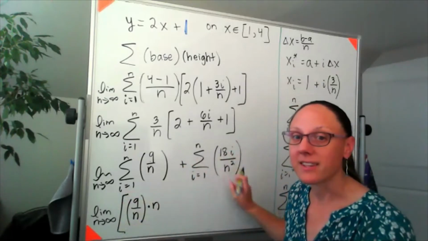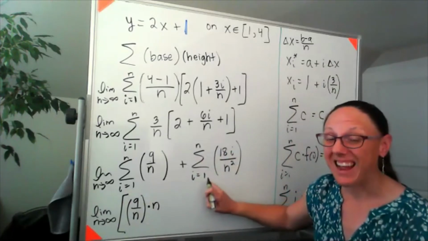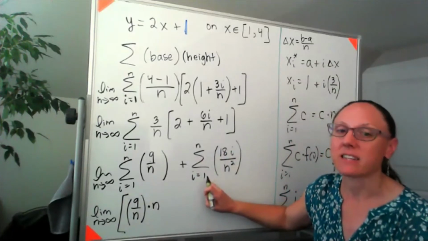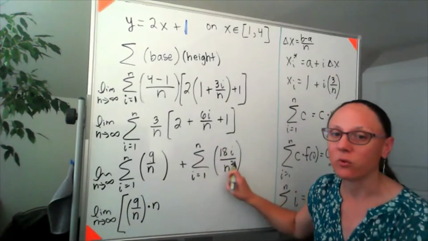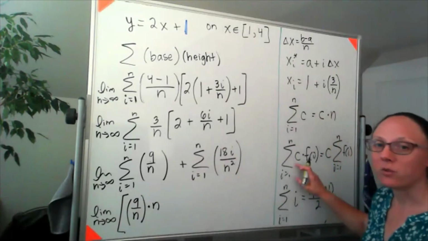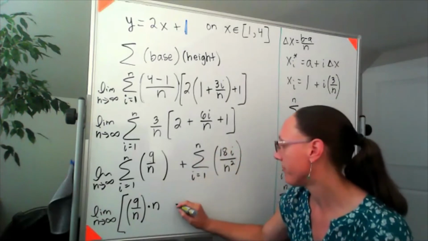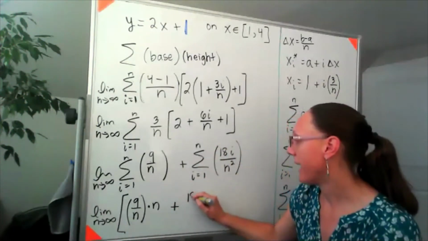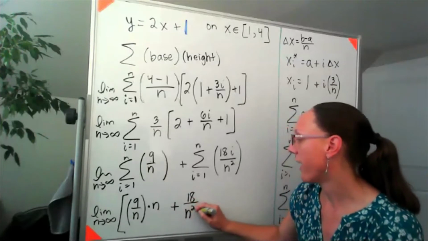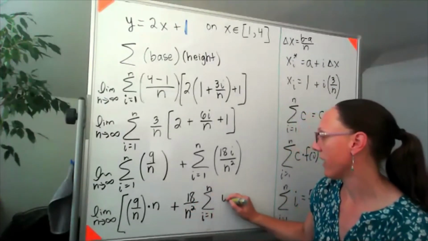Then I'm going to move on to this next piece. With respect to i, since i is my index variable, that 18 over n squared, that whole piece is a constant. So I'm going to use this rule that says I can pull the constant out in front of the sum. So this piece right here can become 18 over n squared times the sum from i equals 1 to n of i.